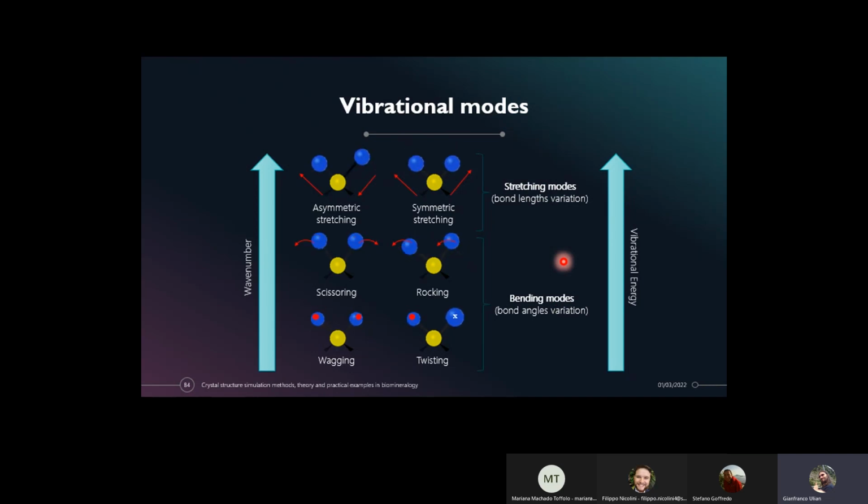In this case, the spring is the angle, and it can be scissoring, rocking, wagging, twisting. You can see that the energy of these modes increases going from the bending modes up to the stretching modes, and so does the wave number. So you may expect that stretching modes are at high wave numbers, whereas bending modes are typically at low wave numbers.